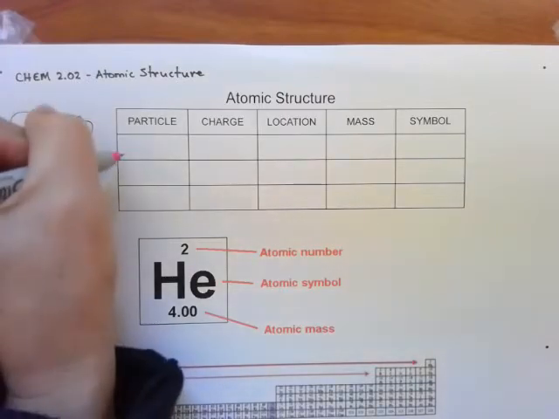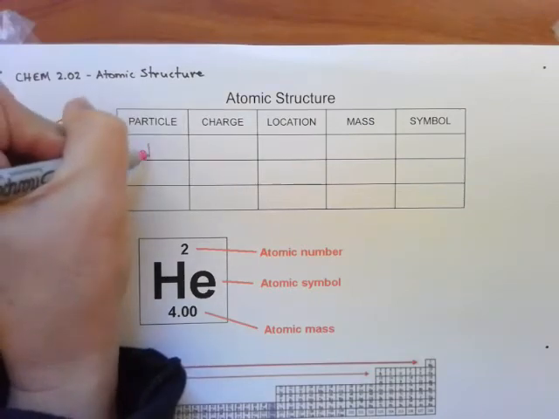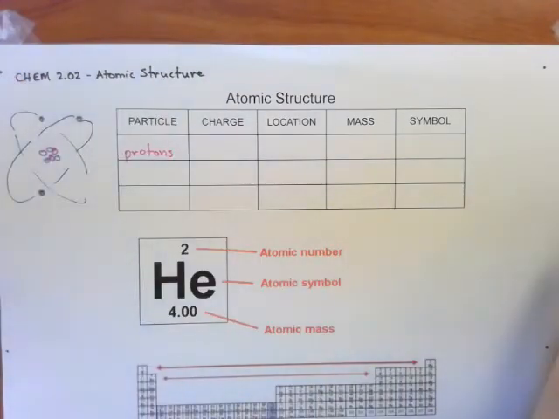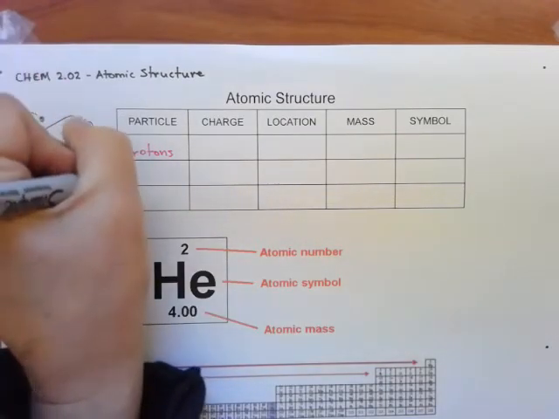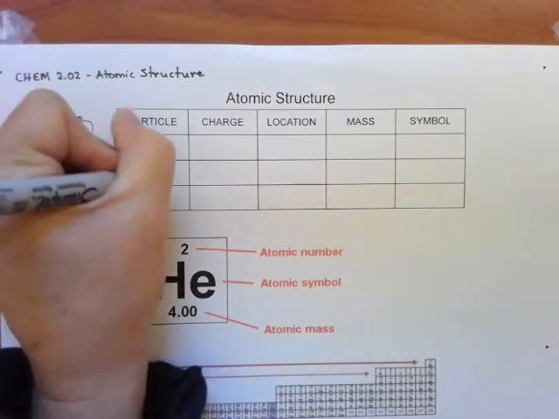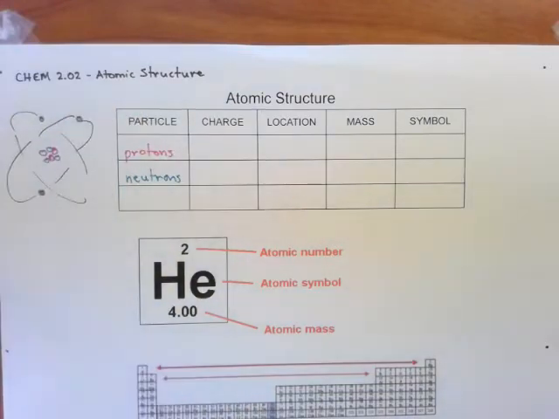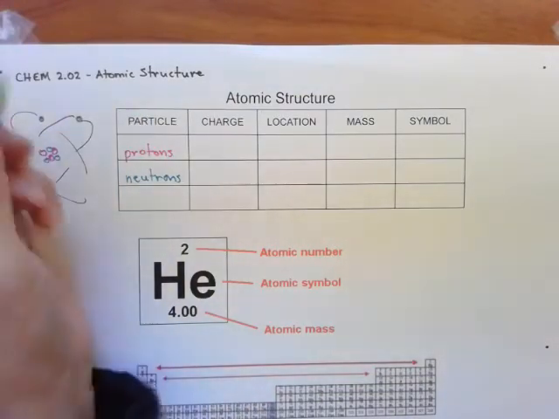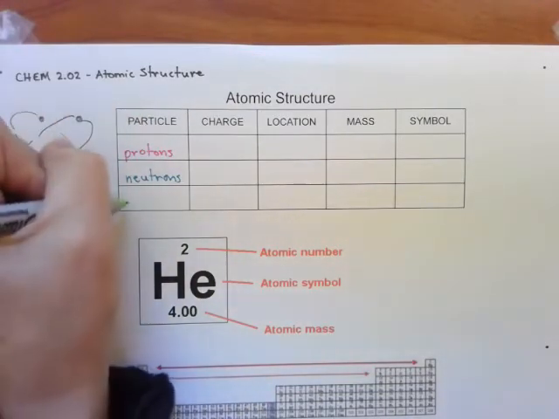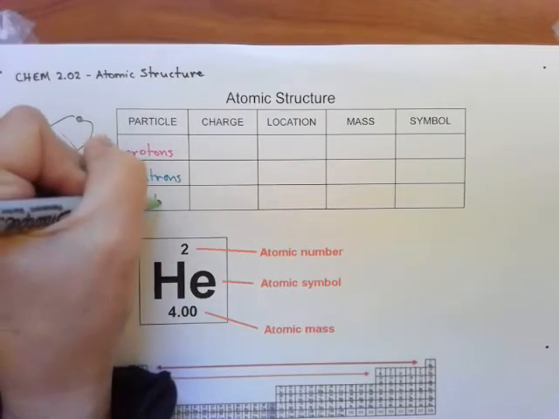So in the nucleus, we have protons and we have neutrons. And around in the orbit, we're going to learn they're actually called orbitals, we have electrons.